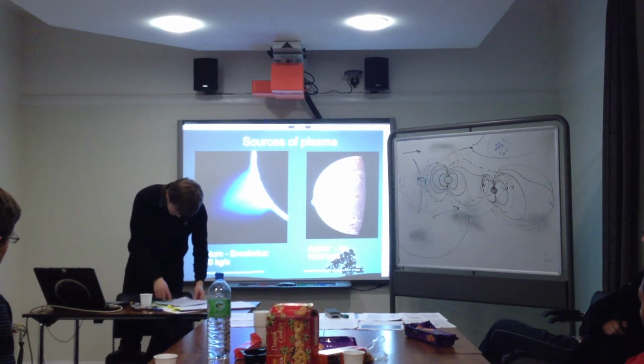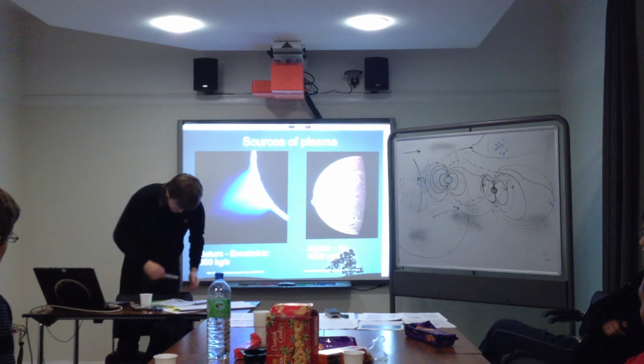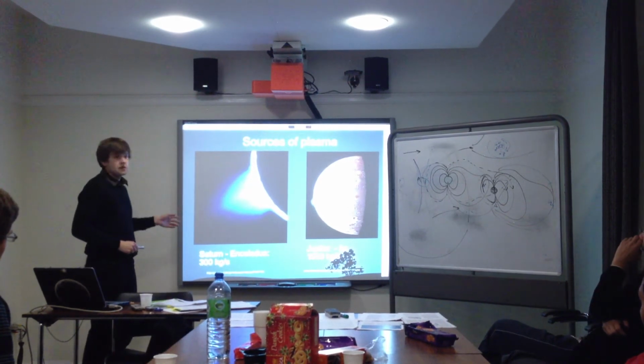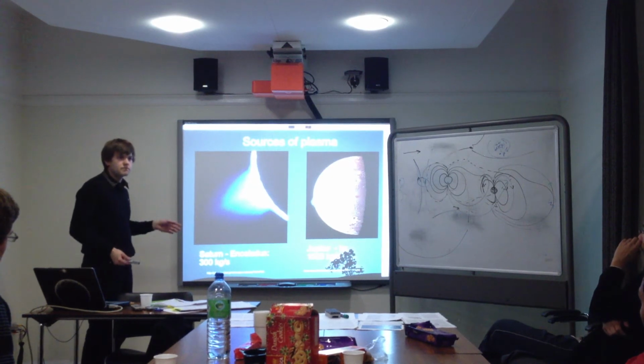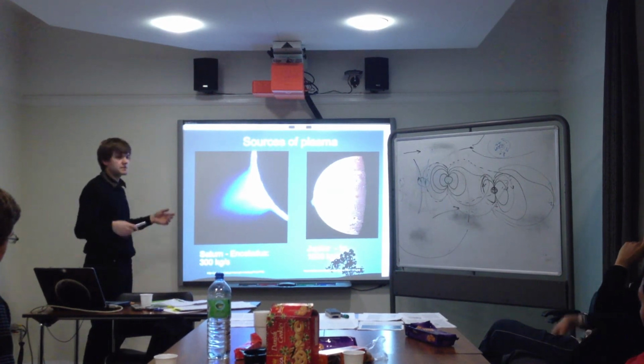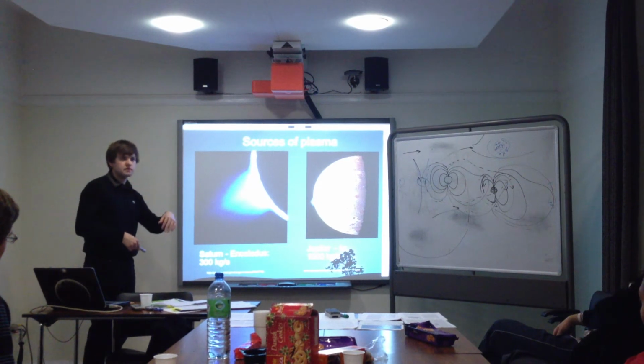What do we have here? Okay. Sources of plasma. On Earth, not much, just the ionosphere. Because on Earth, the Moon doesn't produce any plasma. You don't have any other moons that would be able to give you a lot of plasma into the system. So you just get some particles which are left over from the solar wind or ejected from the atmosphere by the interaction of the solar wind.